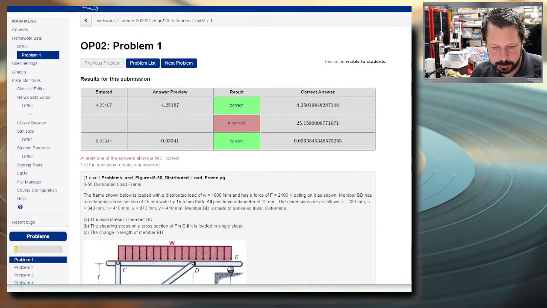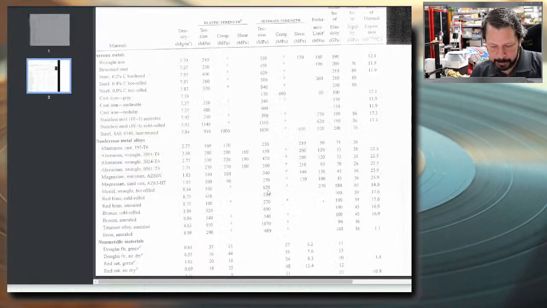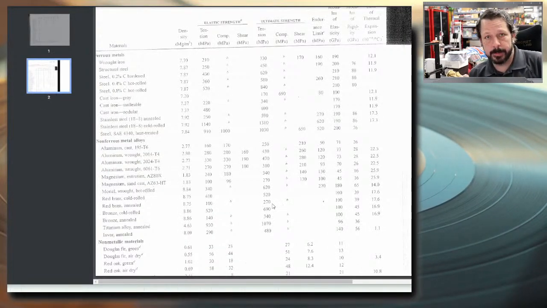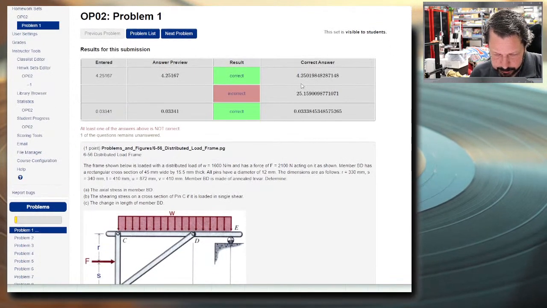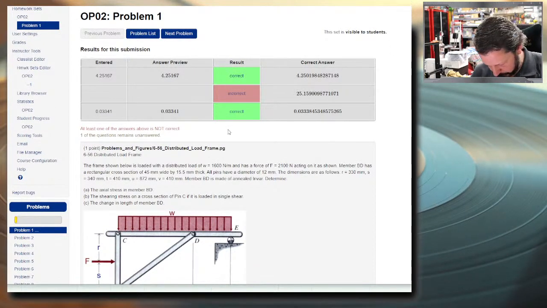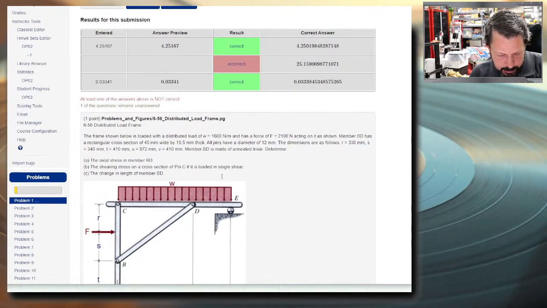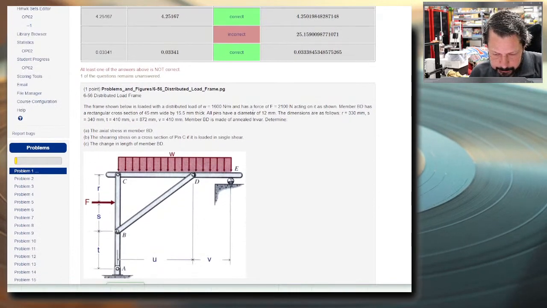I think they're still up. Here they are. So remember, we're talking about a shear stress, so that means we need to compare it to a shear strength. I don't think it says what these pins are made of. There's the right number, 25.15, which is what we have, more or less. Annealed invar for the members, but not necessarily for the pins.